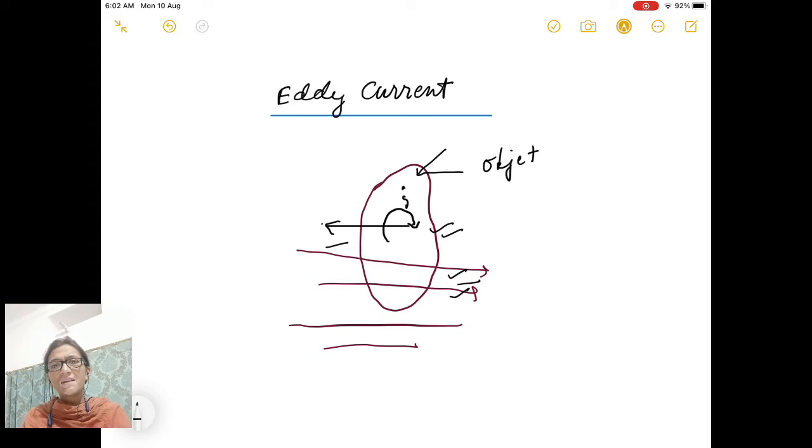The form of the current is just like the whirling eddy that is formed in a river. You know, circular motion of water in a deep river, that is called eddy, or bhavar in Hindi in India.